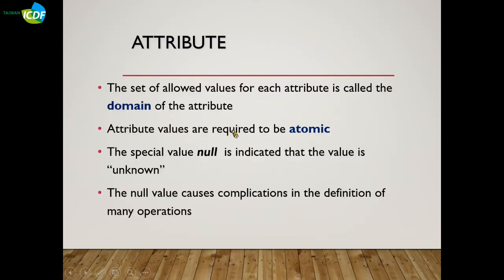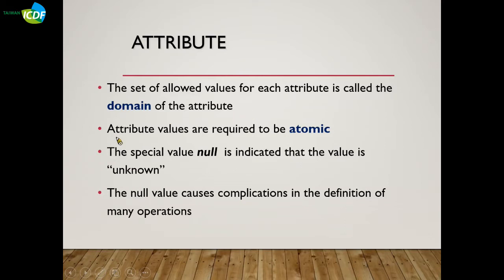The set of allowed values for each attribute is called the domain of the attribute. That is, the values appearing in each attribute have to satisfy the requirements of the domain.